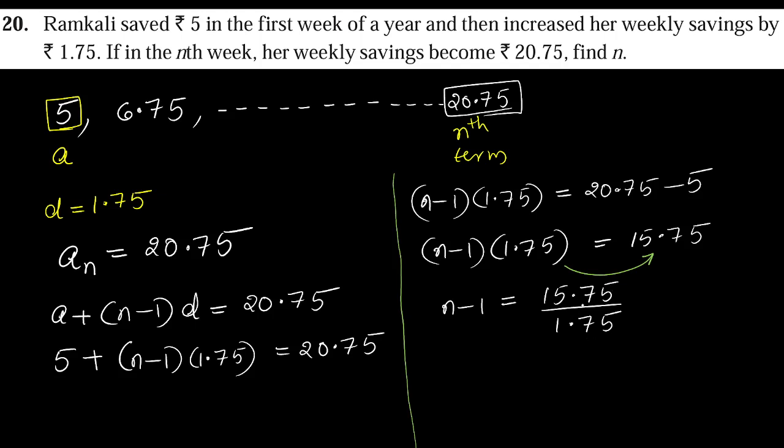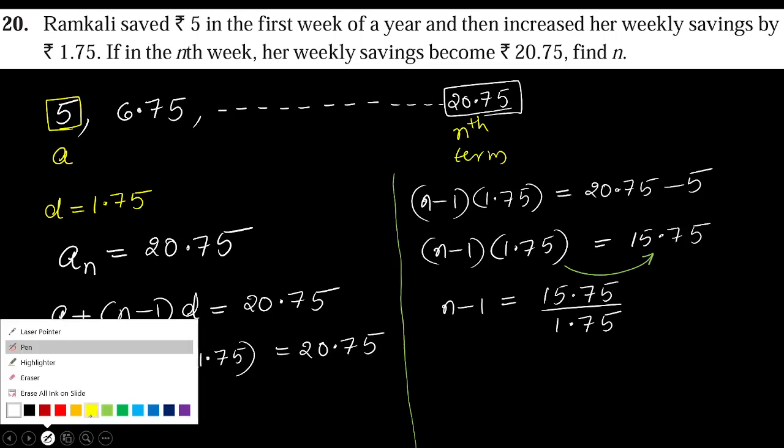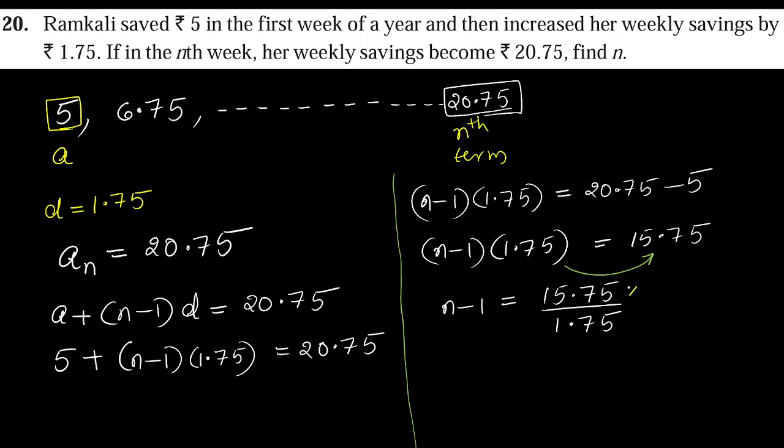So how can we do the division? This contains a decimal point. If there is a point, the division will be very difficult. So let us avoid the decimal. Let us multiply numerator and denominator by 100. That does not change the value. We try to remove the decimal point. So n minus 1 equal to, on multiplication, numerator will be 1575 and denominator will be 175.